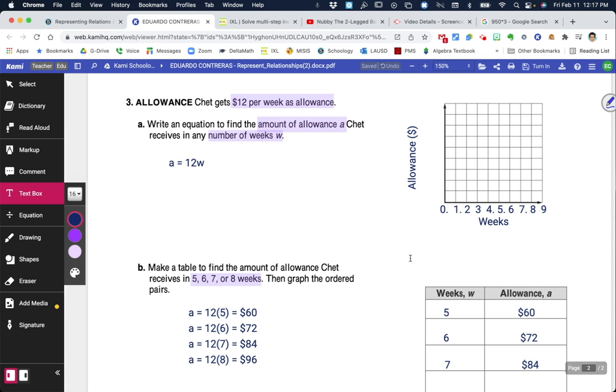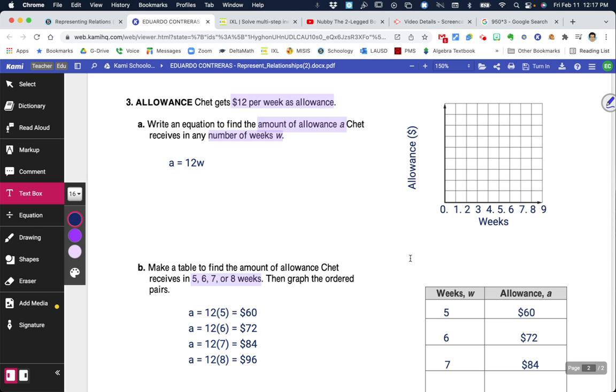So now the trickiest part of all, we got 9 spaces. How high up, how much money are we talking about? What's the largest dollar amount we have to cover? $96, so like 100. So if it was 10 spaces, that would be perfect because we could go by tens, right? 10, 20, 30, all the way up to 100.